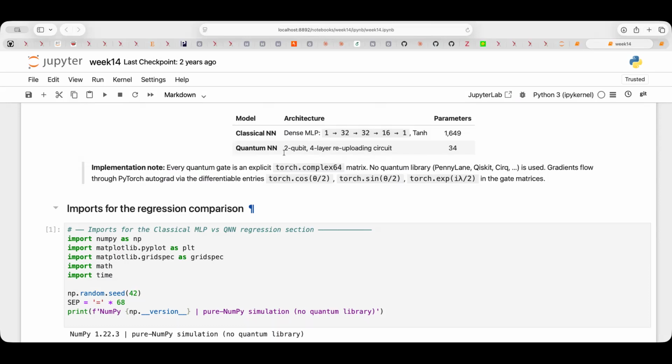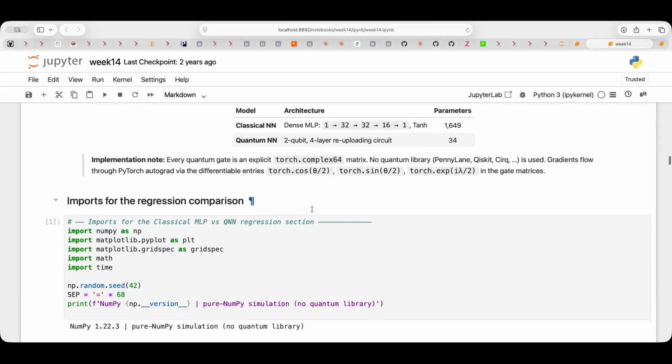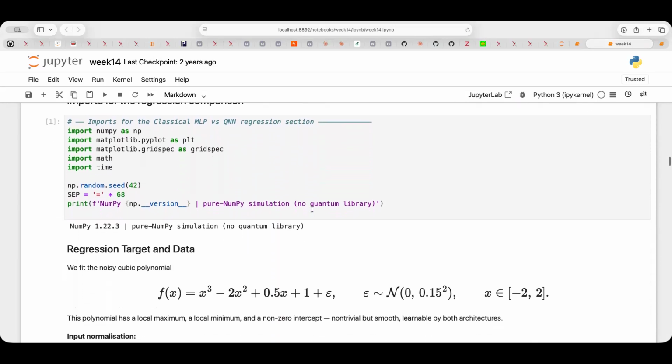And then the quantum neural network is just 2 qubits, and I have 4 layers with a re-uploading circuit. So this gives me 34 parameters in total. The typical parameters are then given by the cosines and the sines which enter the rotational matrices.